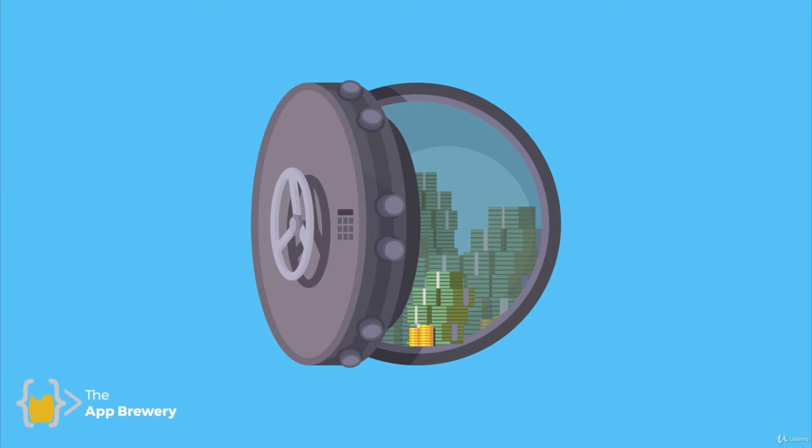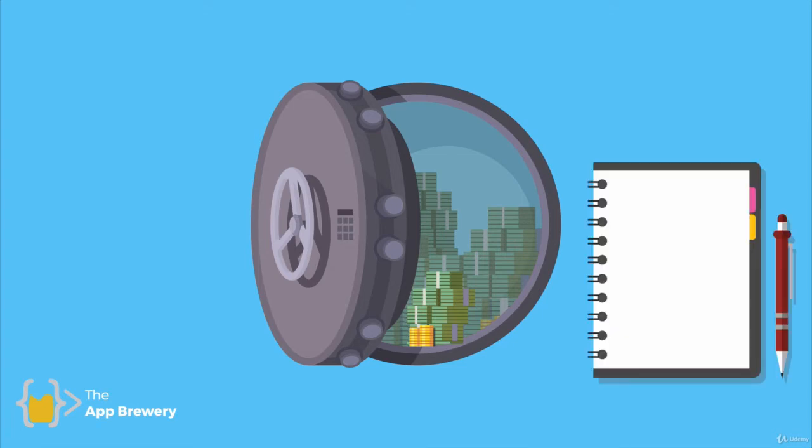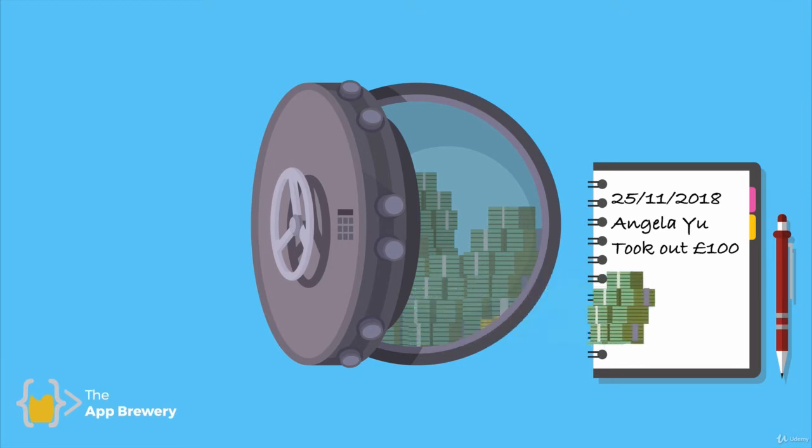Because if you imagine an external server just as computers which are running on somebody else's electricity bill, you can imagine that if you make lots and lots of requests to that computer, then you're actually costing the owner quite a lot of money. So instead of simply having a bank where you just have some sort of notebook and everybody comes in and you say, my name was Angela Yu on the 25th of November, I took out £100, but actually you go in there and you just take a lot more.